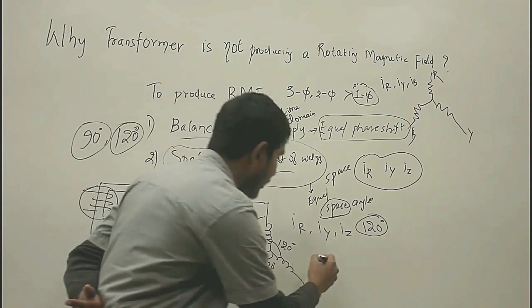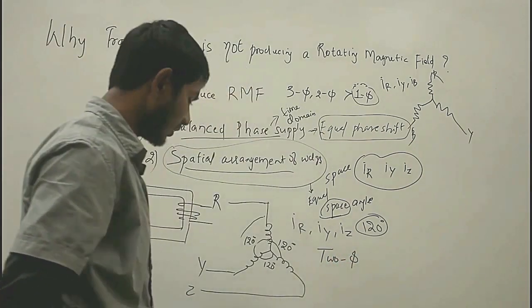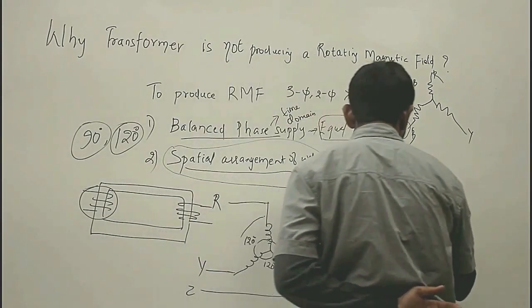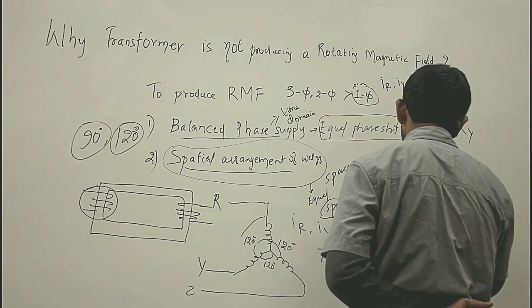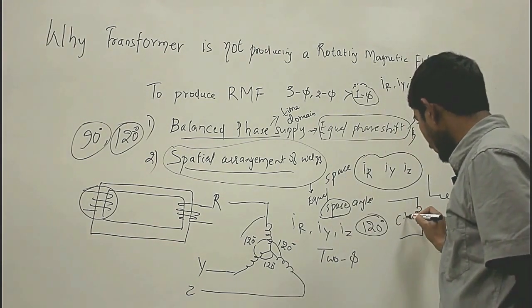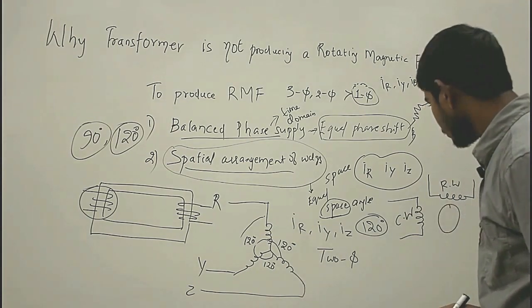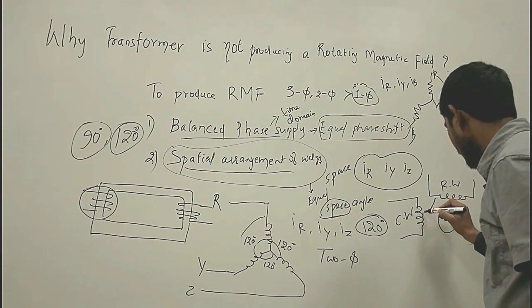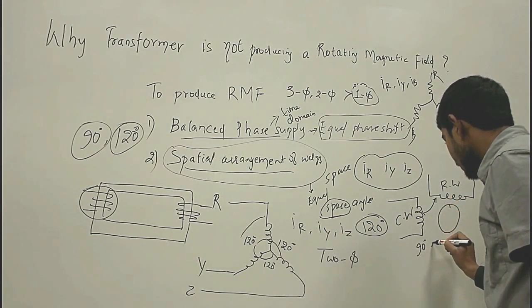Similarly, this can be applicable to a two-phase induction motor also, where you are having two windings. Let us say in two-phase induction motor, this is your control winding and this is your reference winding, and here is your rotor. Now, the two windings are displaced 90 degrees in space.